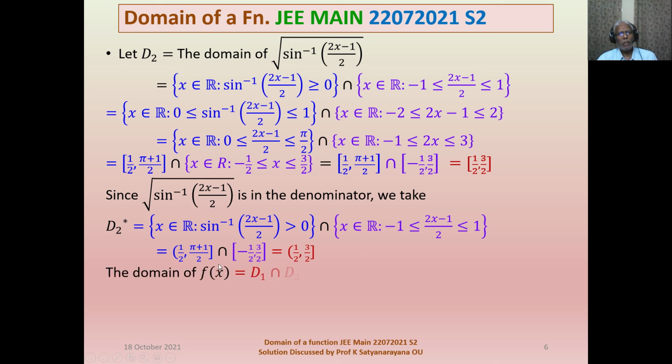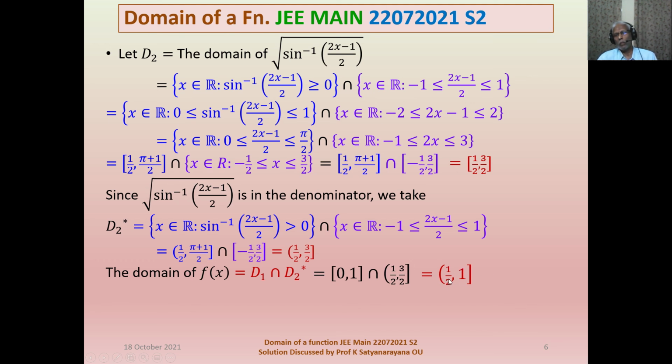Now, the domain of the given function f of x is D1 intersection D2 star, and D1 is the closed and bounded interval 0 to 1, intersection D2 star is the semi-open interval 1 by 2 to 3 by 2 open at 1 by 2 end. The intersection, when we take it, is given by a semi-open interval open at 1 by 2 and closed at 1 end.